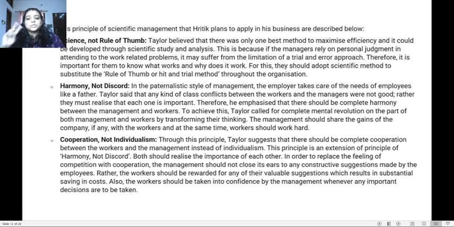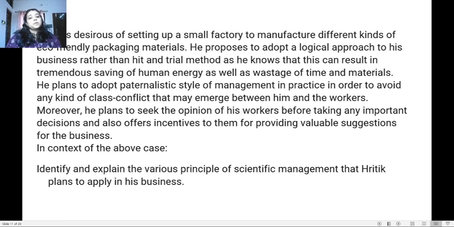Second principle which he looked into was harmony and not discord. If we go back to the case study, you can see over here the tremendous saving of human energy as well as wastage of time and material, he was saying, and he plans to adopt paternalistic. What does it mean? It means where he wants that there should be cooperation between whom?